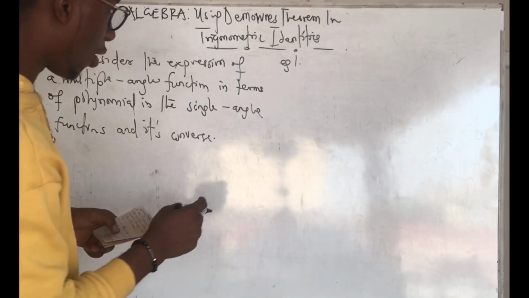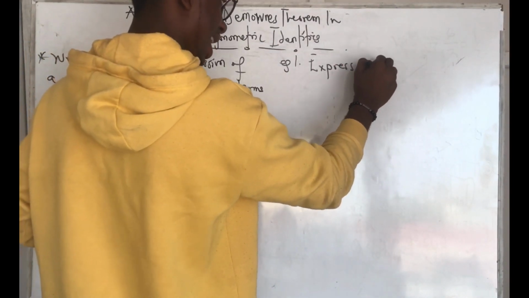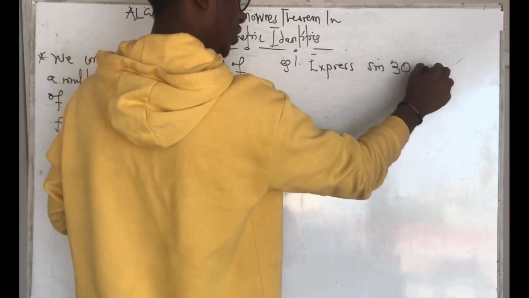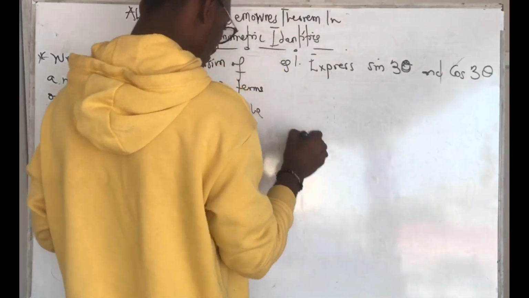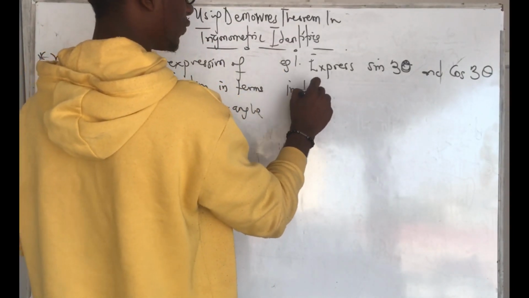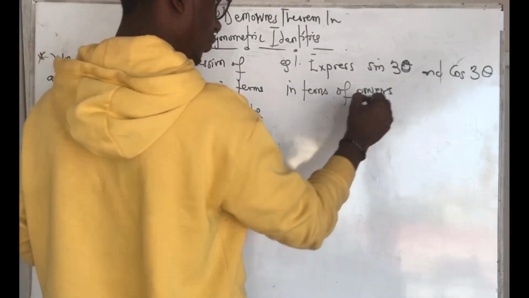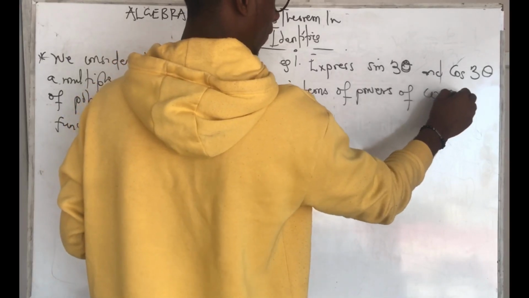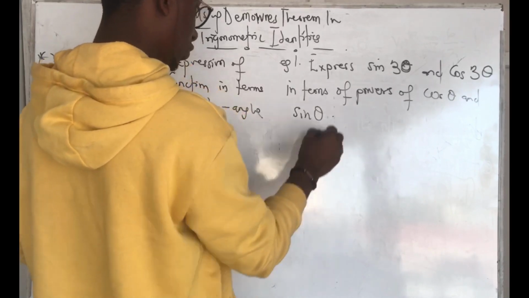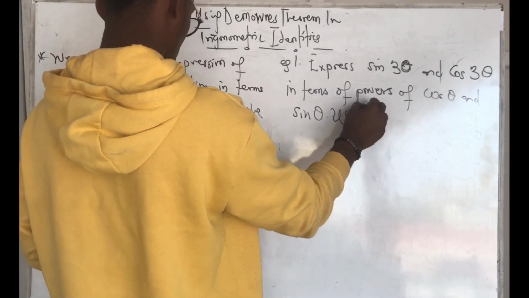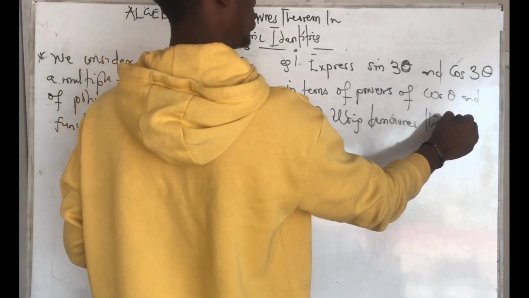So now, example one. We want to look at how we can express sine 3 theta and cos 3 theta in terms of powers of cos theta and sine theta, using De Moivre's theorem.